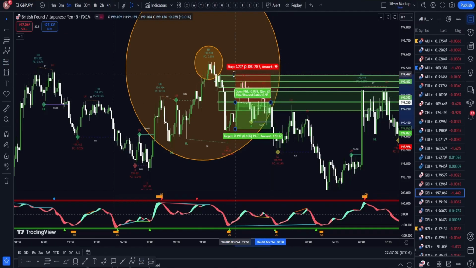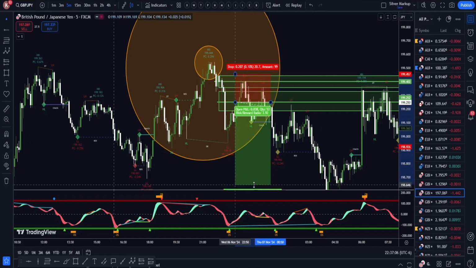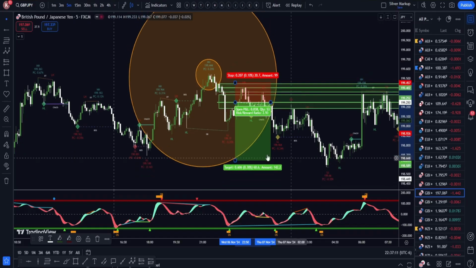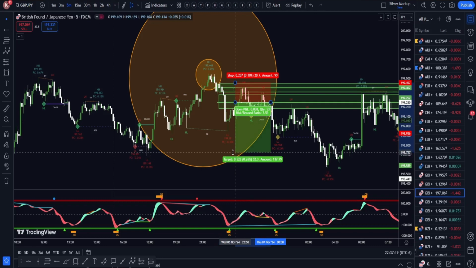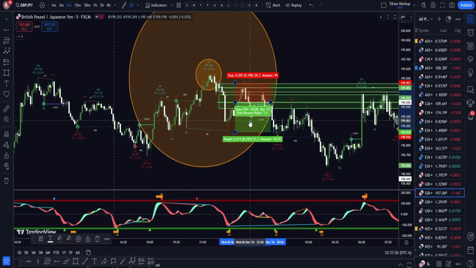You have a 20 pip stop loss versus a 50, and without even really getting far within the markets on the 5 minute, you have a 3-to-1 trade, just by going to, like you see, lower lows down here. Or if you go off the most recent lower low, you still have a 1.5 to 1 reward to risk, or 1 to 1.5 risk to reward, whichever way you want to say it.